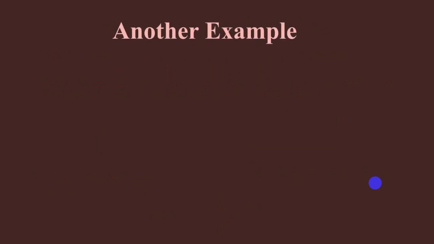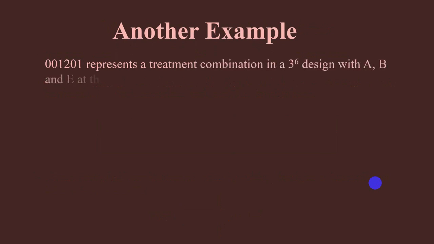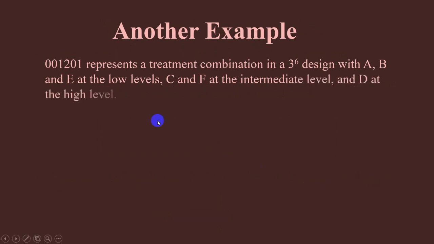Let us consider another example for the treatment combination. Now 001201. If we notice, there are 6 digits in this treatment combination. So this represents a treatment combination in a 3 raised to 6 design with A, B and E at low levels, C and F at intermediate levels and D at high level.